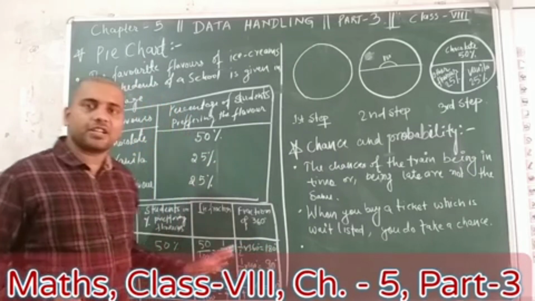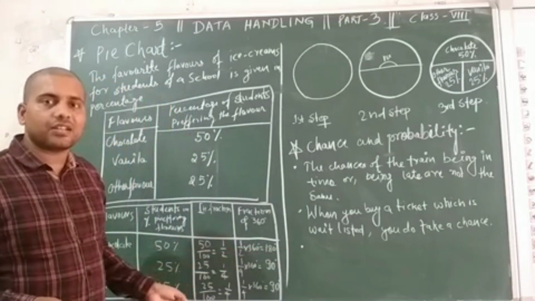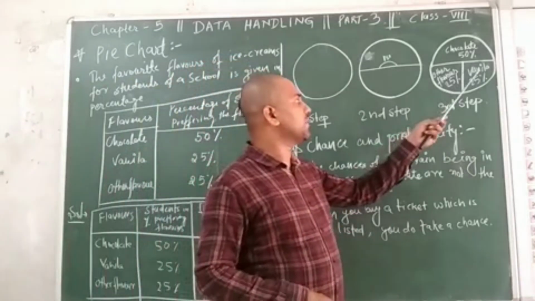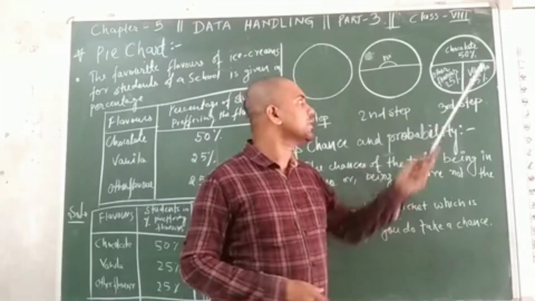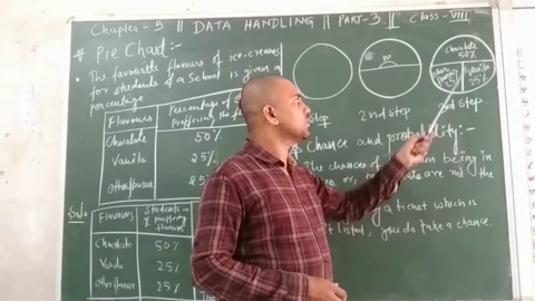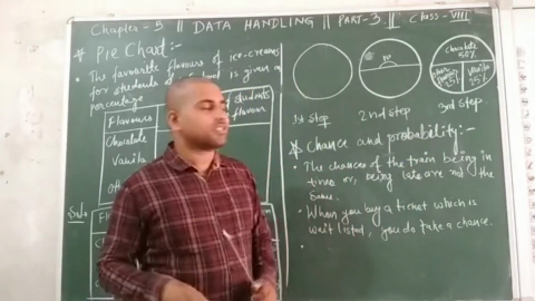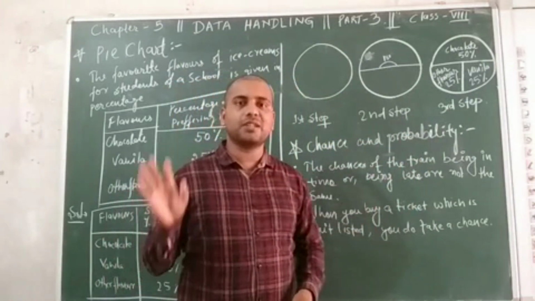Chocolate we have already taken; vanilla and other flavor remain. From these two, anyone we can take. For vanilla, you take 90 degrees and construct from here. So when out of 3, 2 are constructed, the third will automatically be constructed.